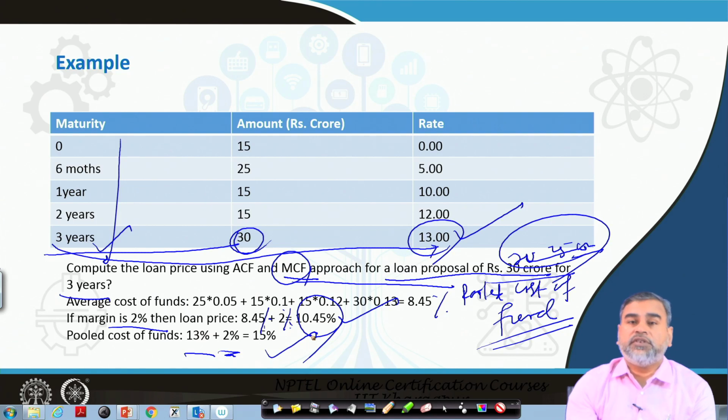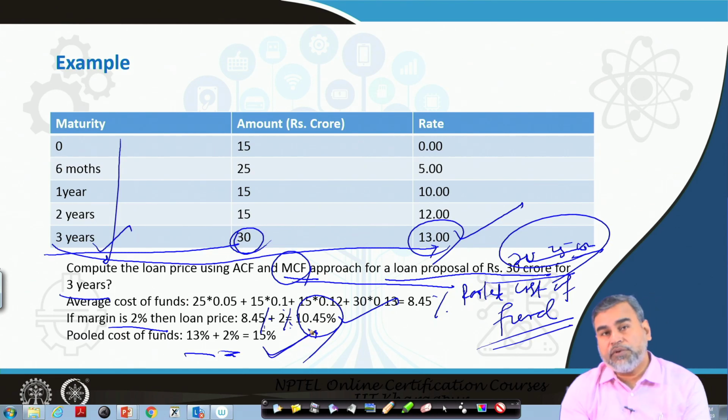So, if they go for the average cost of the fund approach, they will charge an interest rate of 10.45%, and if they go for the pooled cost of the fund approach, then they will charge the interest rate of 15%. So, that is the difference between the SCF and the PCF, pooled cost of the fund.